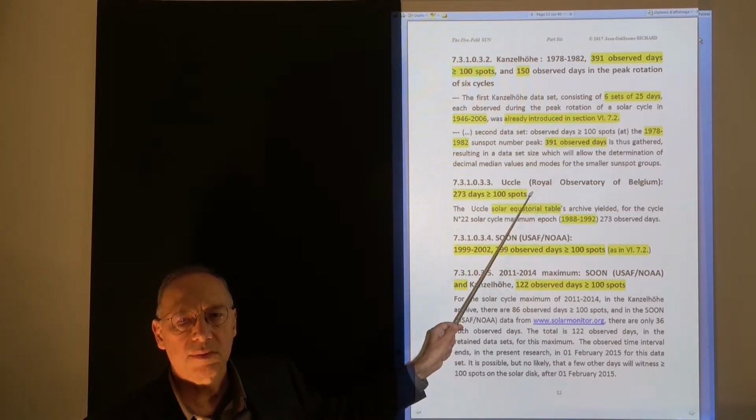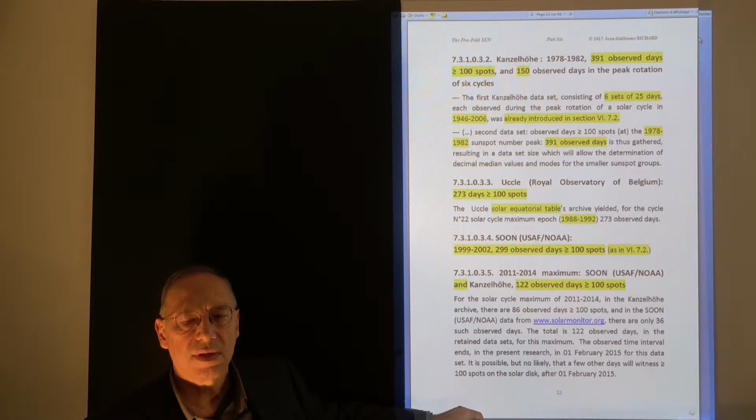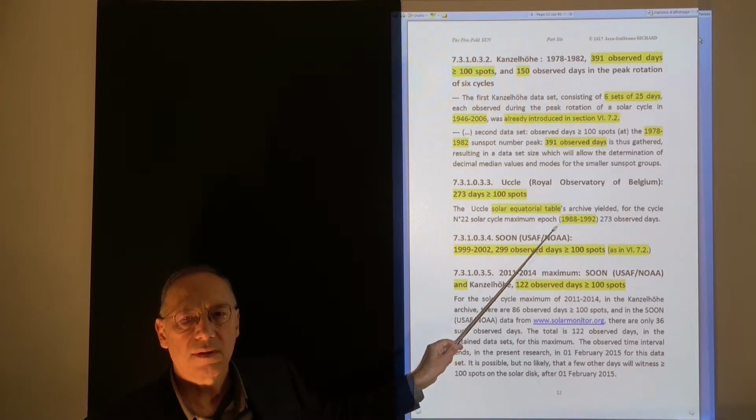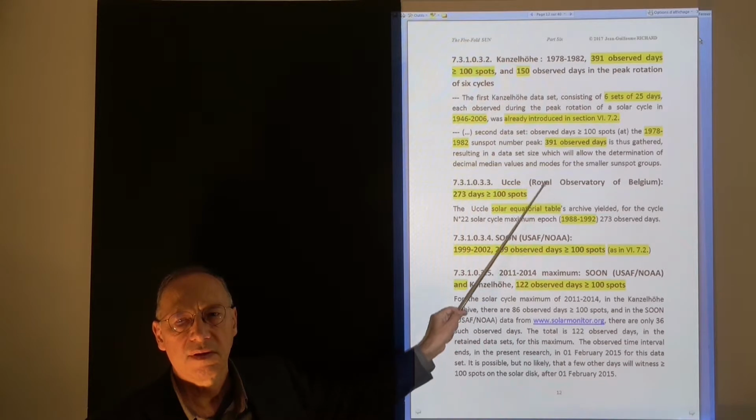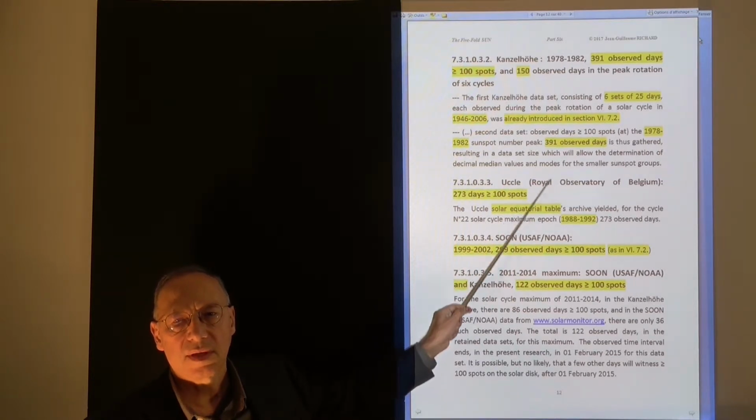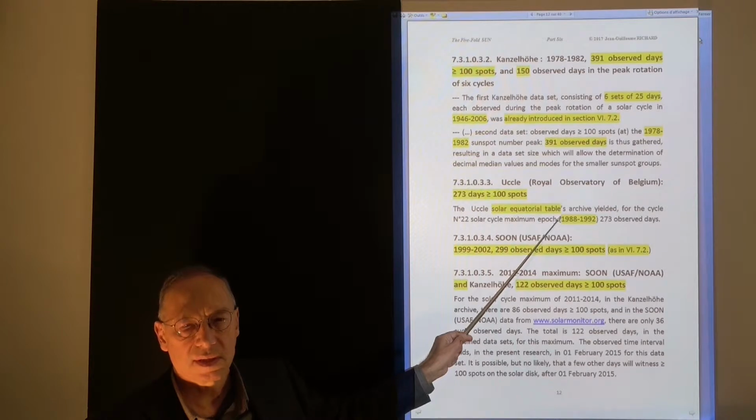Uccle in Belgium, almost 300 days with at each more than 100 spots, and this is for the cycle peak epoch right after the epoch for which we have the data from Cancelheux. This is the 1980 peak, and this is the 1990 maximum of the solar cycle.